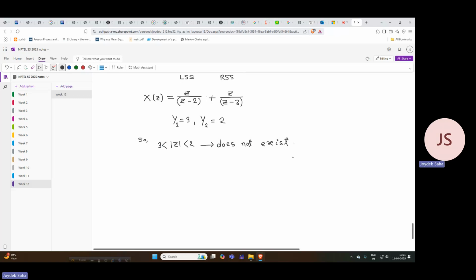So as the ROC does not exist, that means the Z transform does not exist.